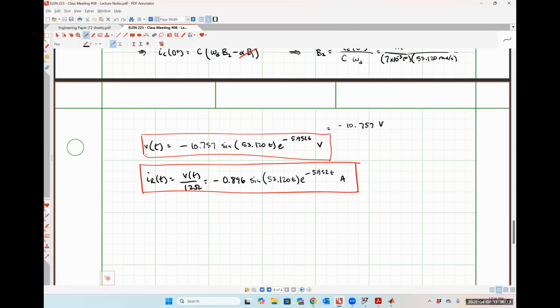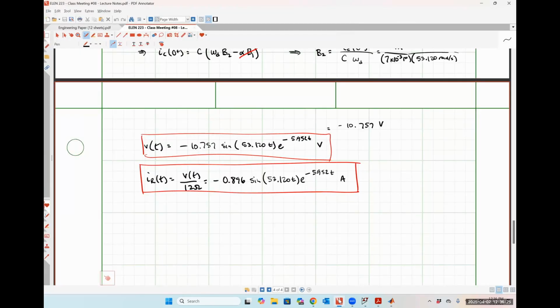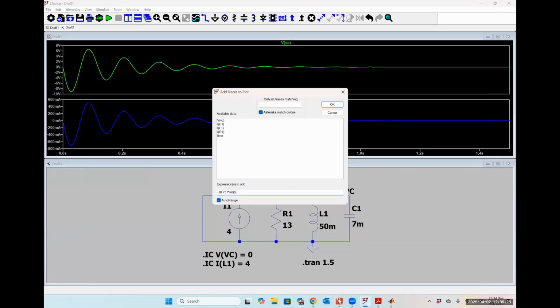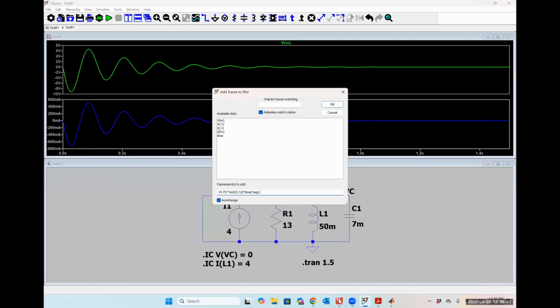So negative 10.757 multiplied by the sine, sorry, my caps lock is on, of 53.120 multiplied by time, multiplied by an exponential of negative 5.952 multiplied by time, and I'm just going to leave this unitless for now.